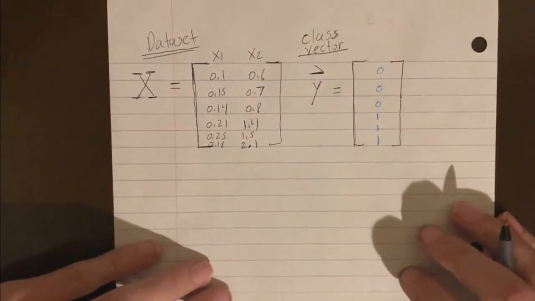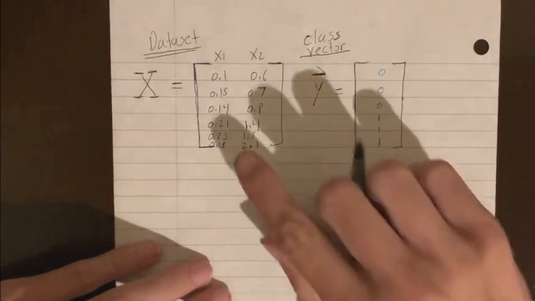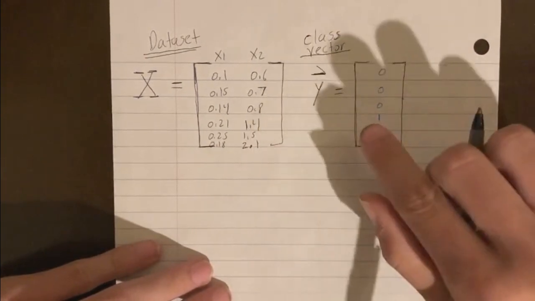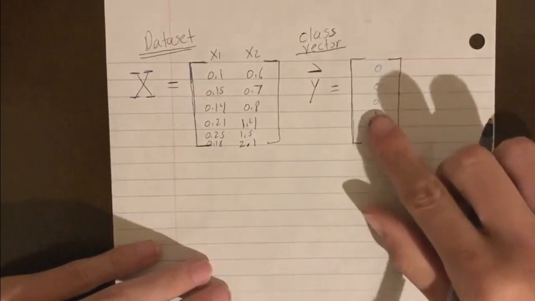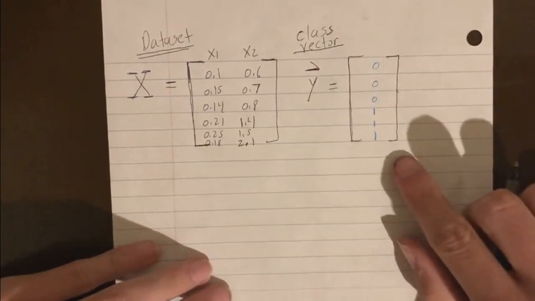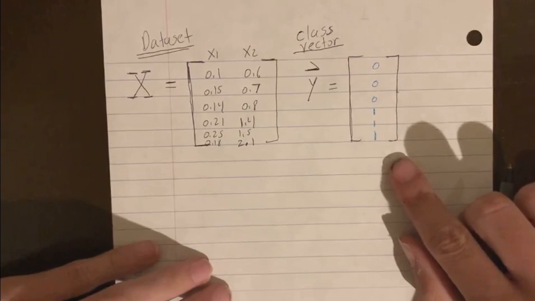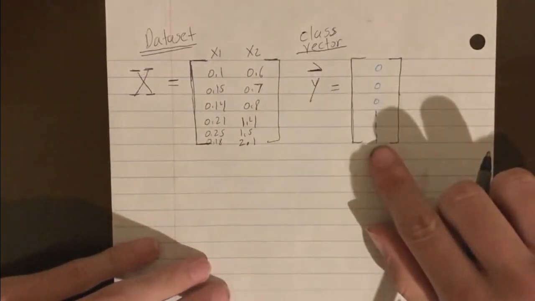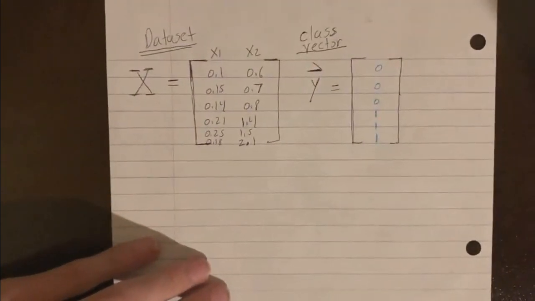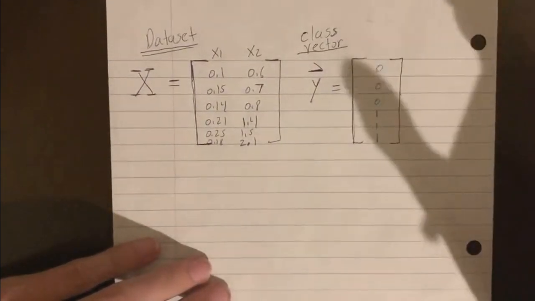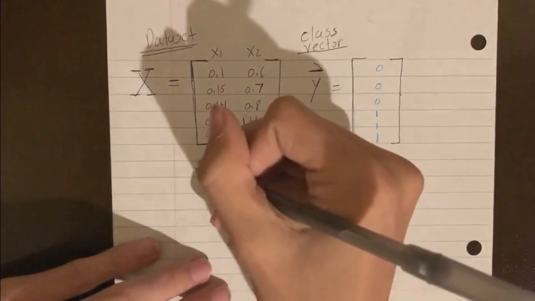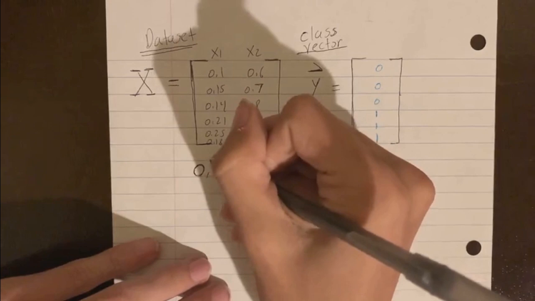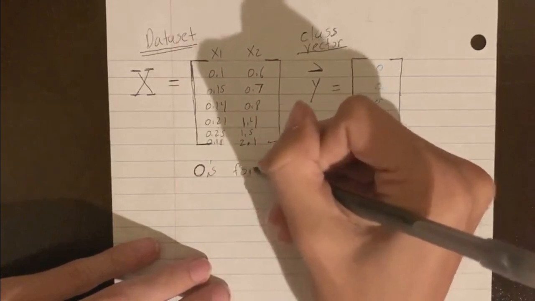All right, so here I redrew the data set that we had on the previous page, and the class vector, which gives the class for each of the examples in our data set. Now, what we're going to do is take this data set and plot it, and we're going to use zeros for Iris setosa.